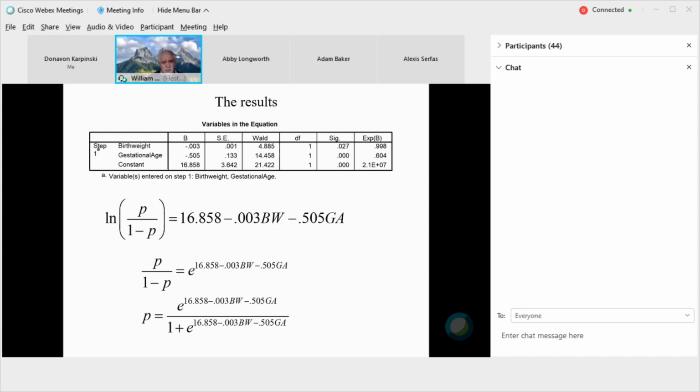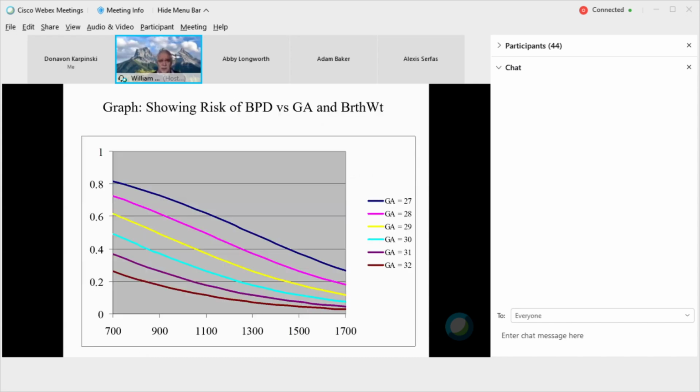Here is some graphs showing the risk of BPD versus gestational age and birth weight. The different colors are different gestational ages, going from the smallest 27 weeks to 32 weeks. Along this axis here is the birth weight. This is gestational age, the different graphs here.